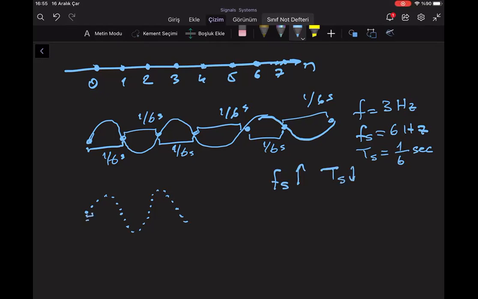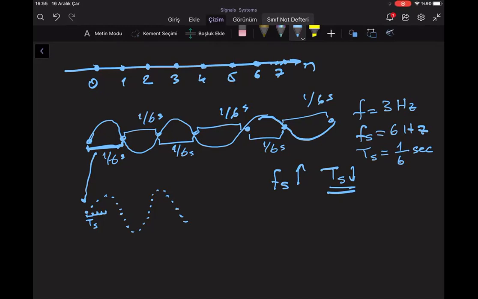So I decreased TS. It was very big here, now it's very small. So if TS is small, that means the time period between two samples is small, then I can have a better sampling. Is this understood?